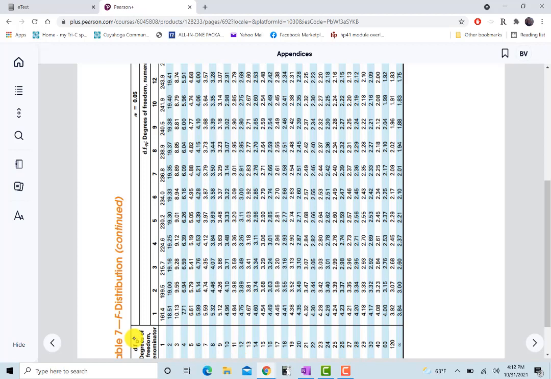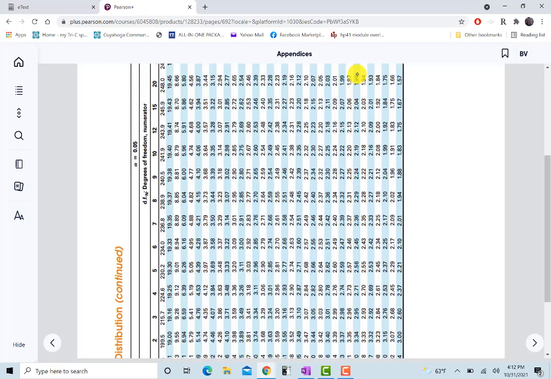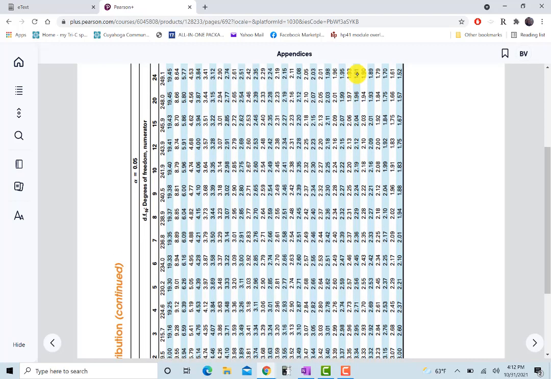I need 24 for the degrees of freedom of the numerator, but 28. See this? It's on a blue band. 28. If I can just follow this up here, I can probably get to it. There's 2.12. Let me use my arrows. 2.04, 1.96.